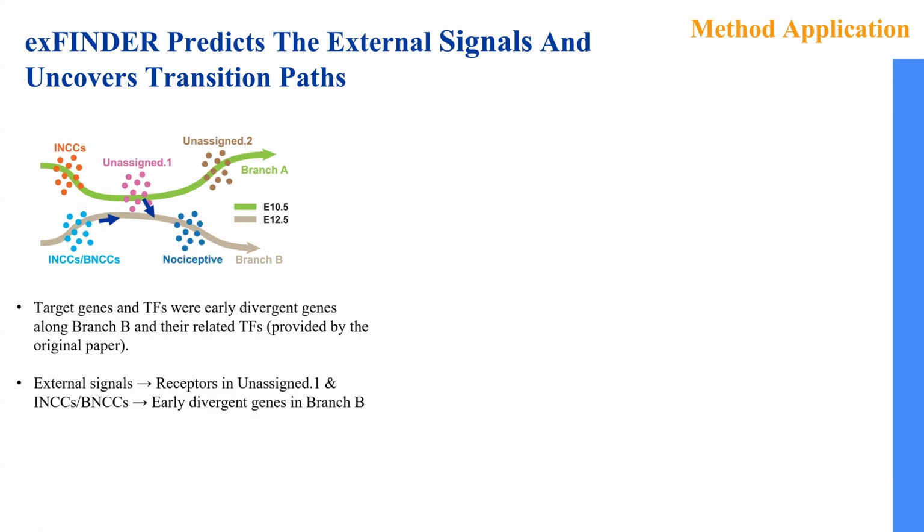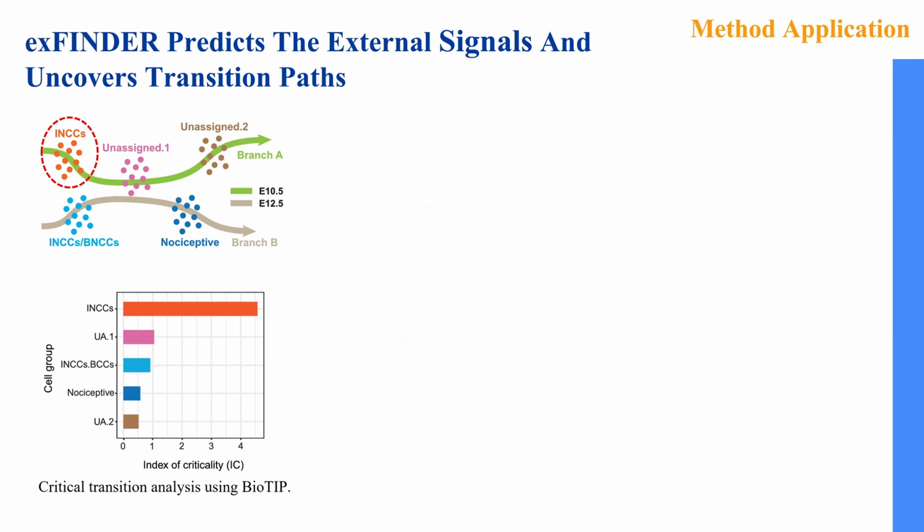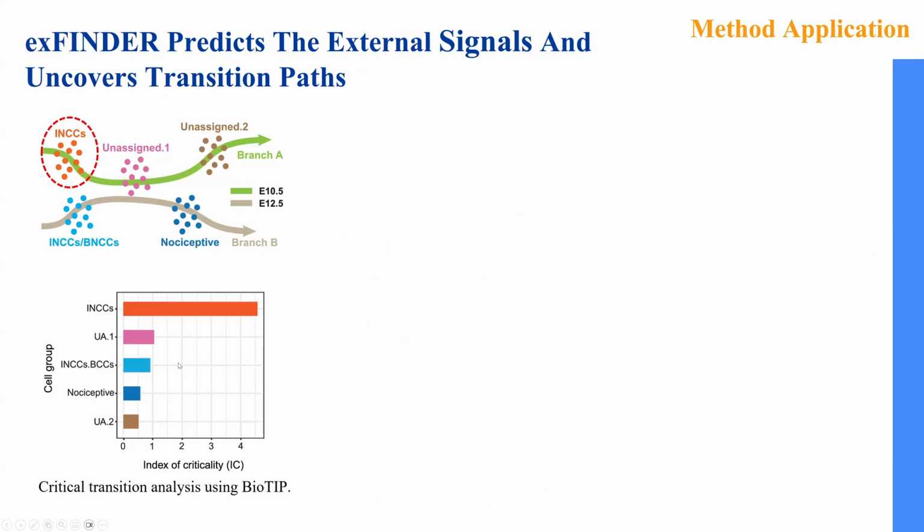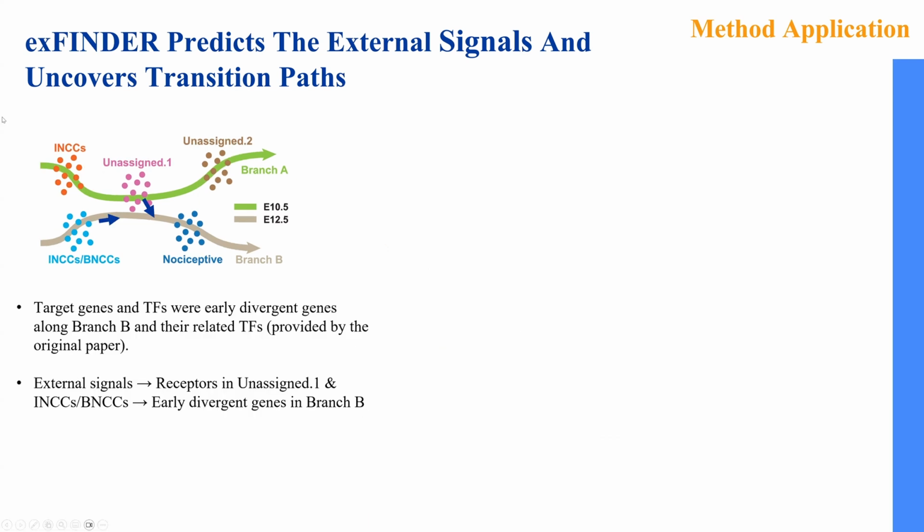And then next, we see in our original research that branch A and branch B have a kind of intersection. This group is unidentified in the paper; they call it unassigned number 1. This group is at these intersections, and we want to see if it can also contribute to branch B. There are early divergent genes provided by the paper.